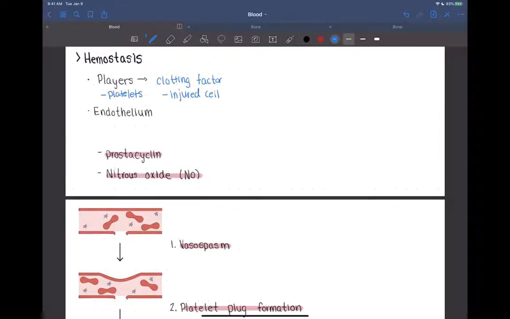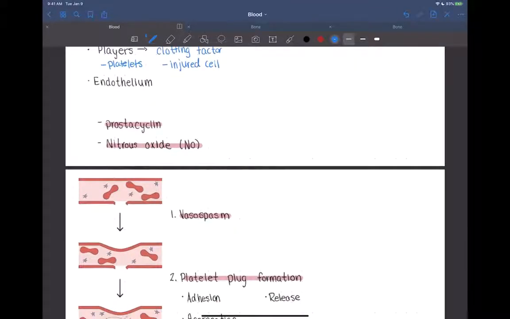All right, so before we talk about the steps, one additional thing I want to touch on is endothelium. Okay, so the endothelium is the tissue that lines the inside of the blood vessel. All right, and so remember that epithelial tissue on the inside of the blood vessel is simple squamous.